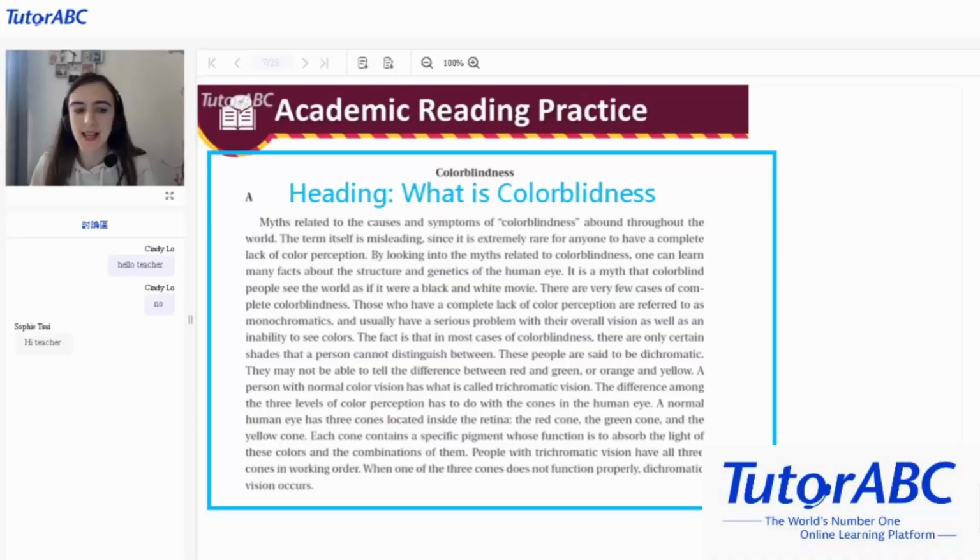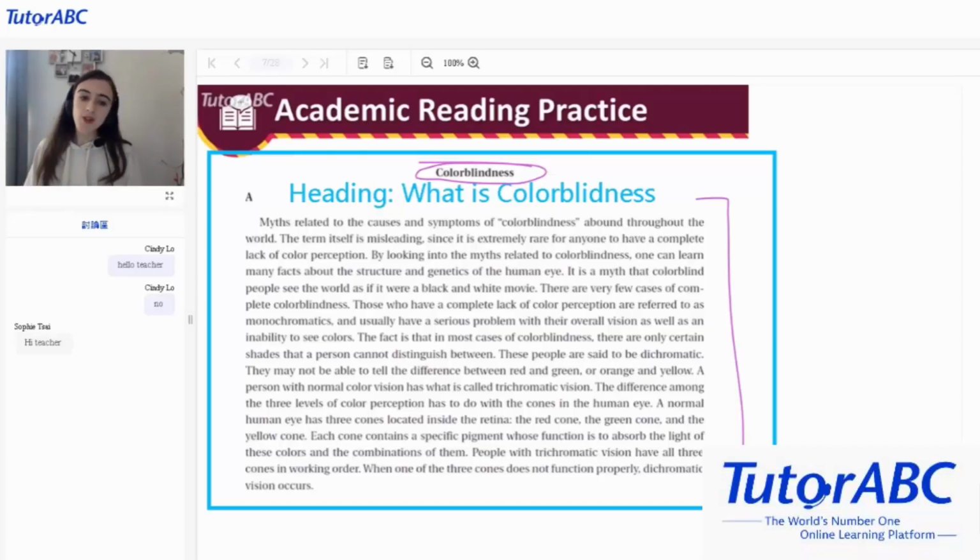Technically, this is like a subheading or a heading for the paragraph. The whole reading is about color blindness. But we have 5 paragraphs here.